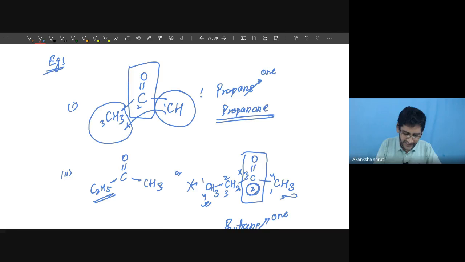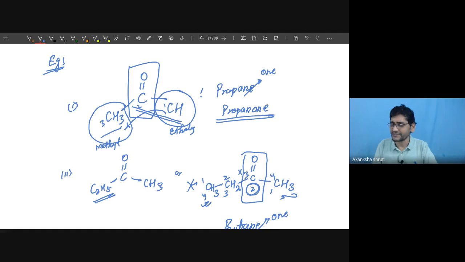So here one is a methyl, the other is another alkyl group. Okay, it is like this. For giving the name, we have to keep one of these carbons together and give the name ketone itself in the common nomenclature system.